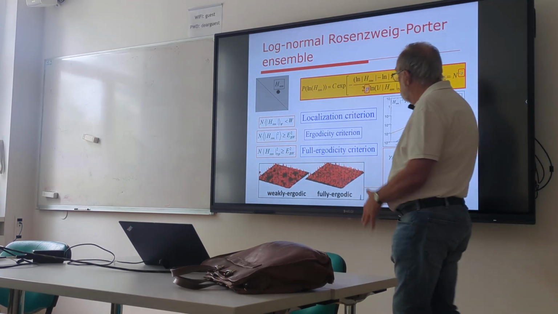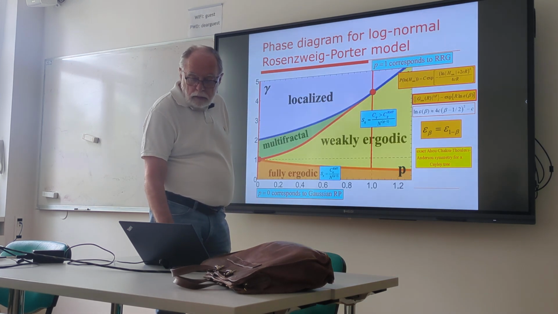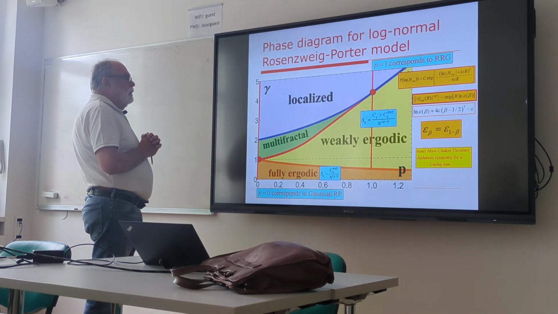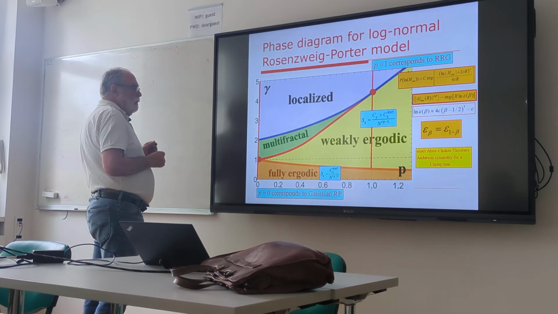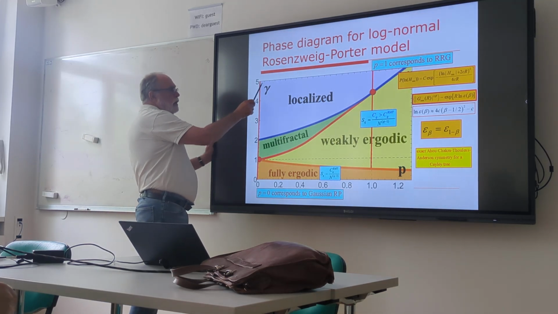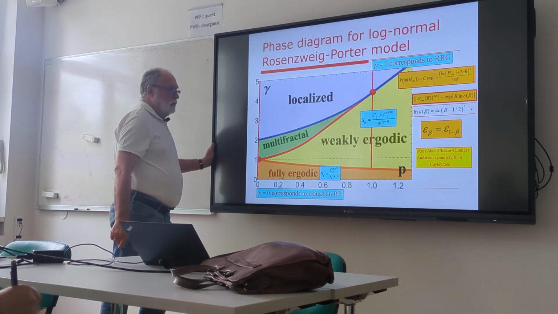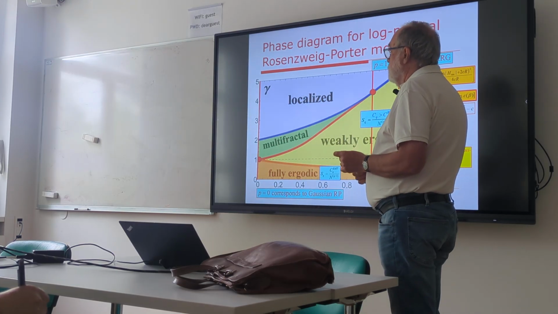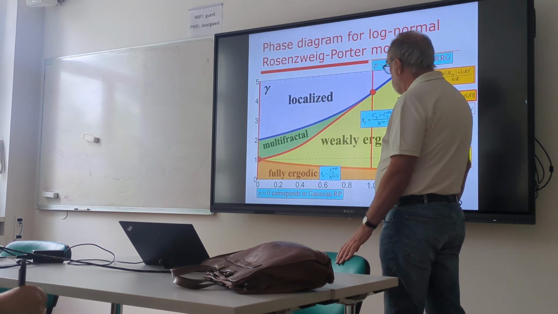So everything is pretty well analytical here, and as a result we have the phase diagram, where there is gamma and where there is T. And so, as I said, gamma gives you the strength of disorder, and T gives you the thickness of the tails.